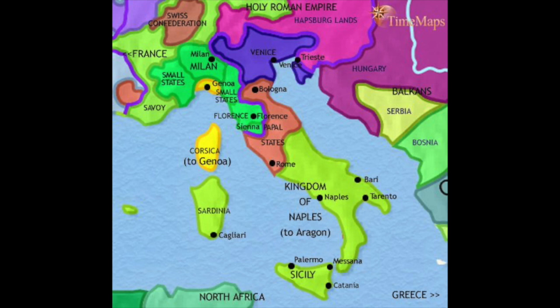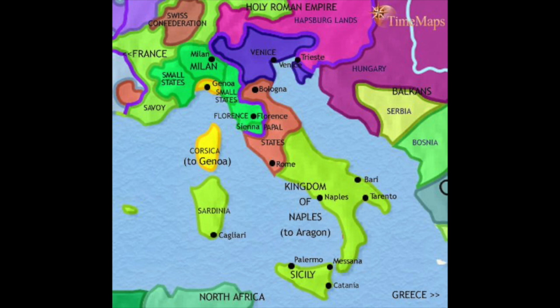Next, we're going to talk about some major causes for the Renaissance. In particular, at this time, Europe did not look like it does today. This is what it looked like.